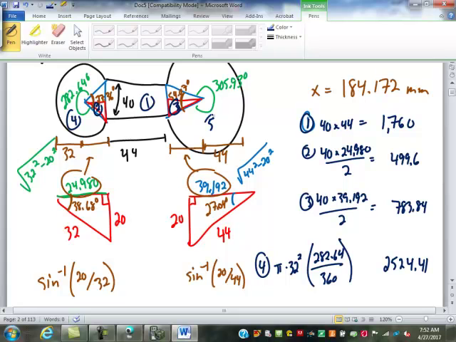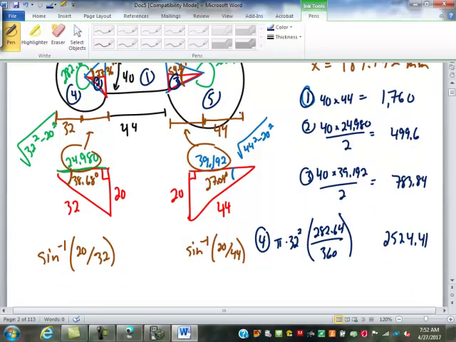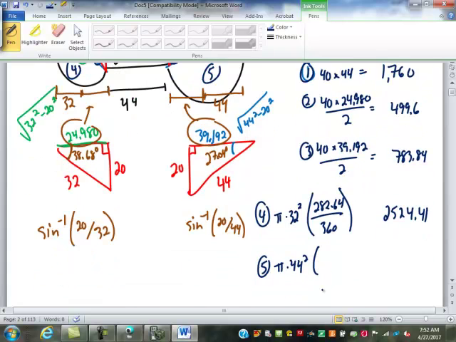And then piece 5 here, same thing. That's going to be pi times 44 squared to give me the area of the whole circle, times 305.93 over 360.